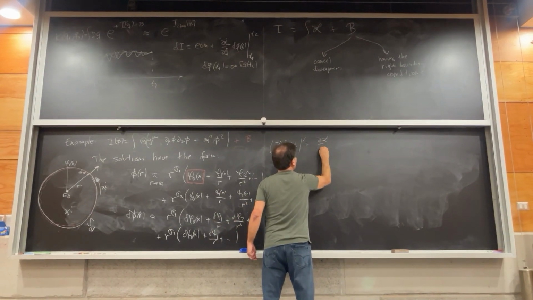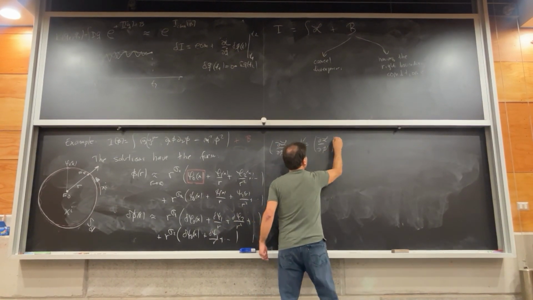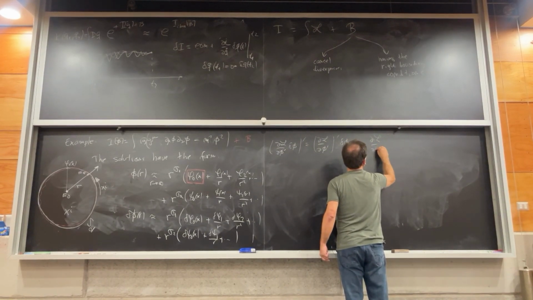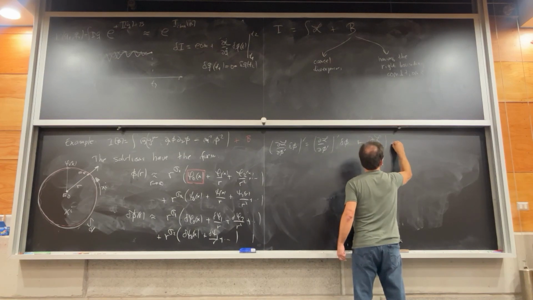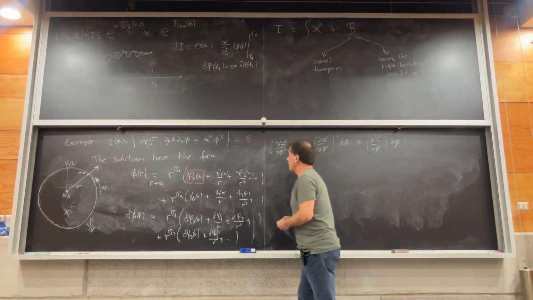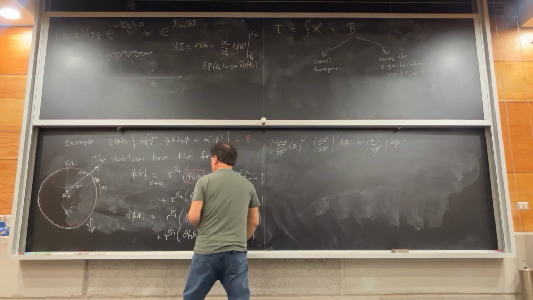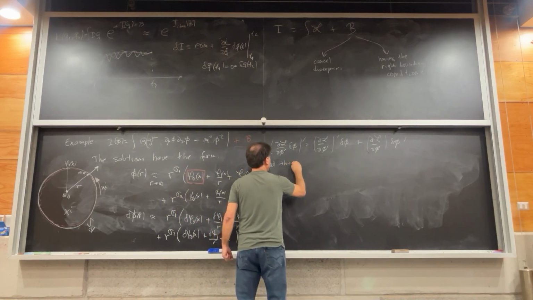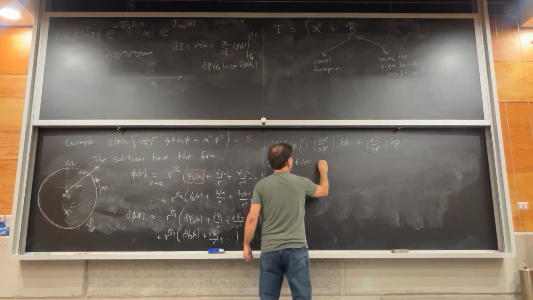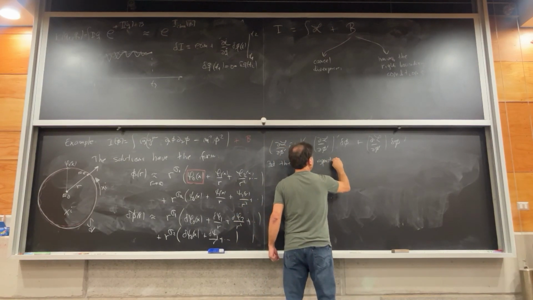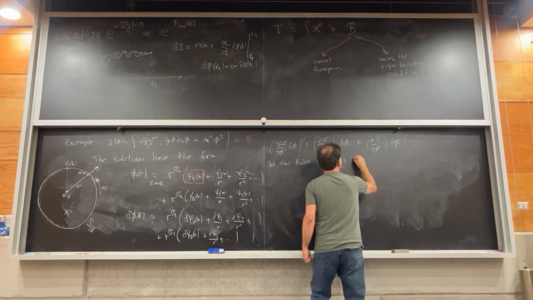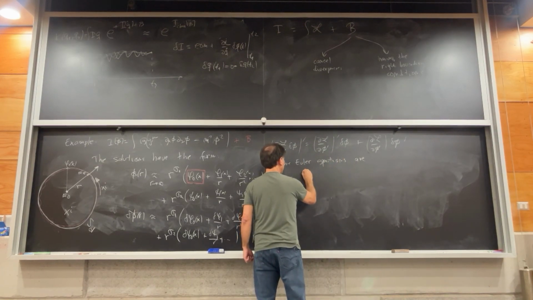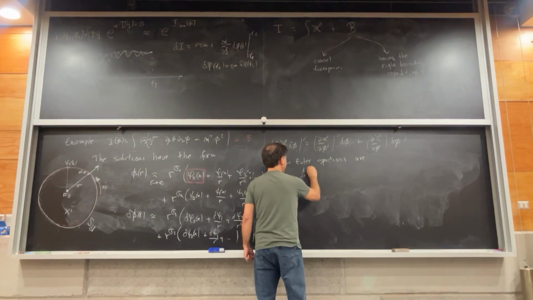So this is a quick calculation. The Euler equation for these problems is the following. Here they are.